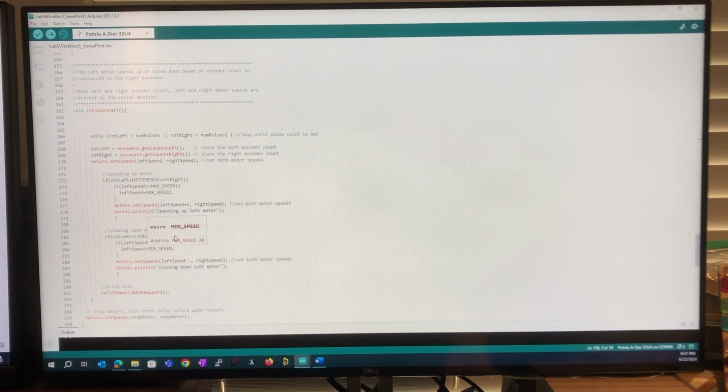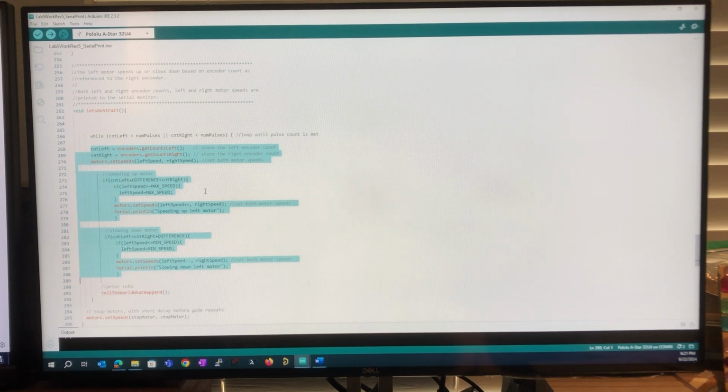So this is let's go straight. While this condition is true, basically, while the left or right encoders are less than the number of pulses that we need to go 100 centimeters, all this stuff will be happening. So we'll get the left and right encoder count, and we'll set the left and right motor speeds.